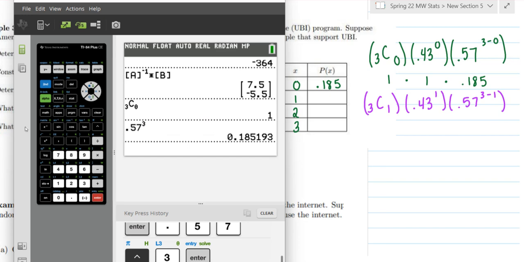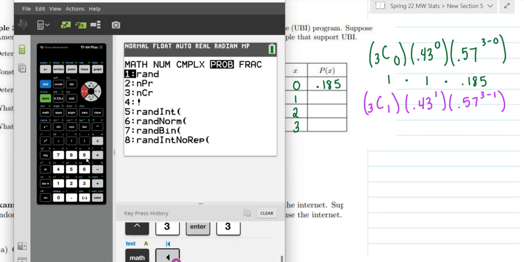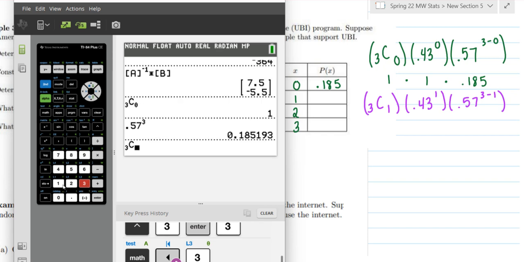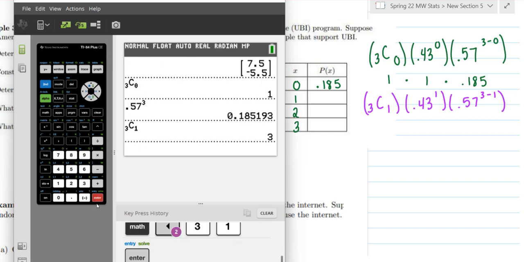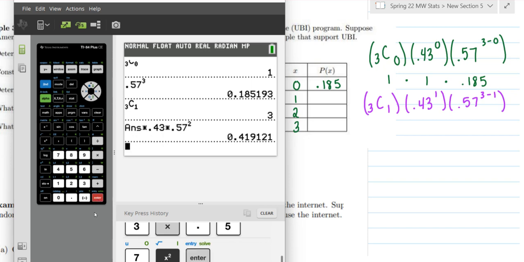Okay, so I'm going to get my calculator out, and I'm going to go 3, math, prob, nCr, 1. It's going to be 3, and then I'm just going to go times 0.43 times 0.57 squared. 3 minus 1 is 2. And that's going to give me 0.419.